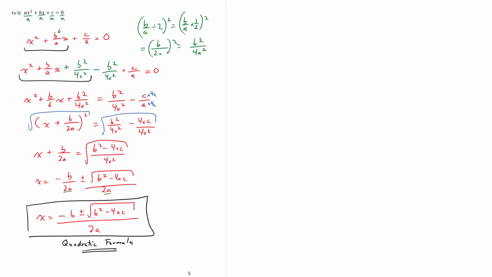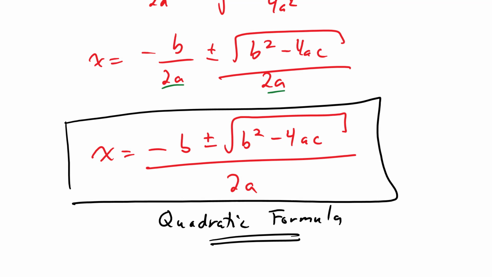I took a generalized quadratic equation, and by completing the square, I derived the quadratic formula from that. I will not be asking you to derive the quadratic formula, but I think it's important that students see where these things come from. They don't just magically appear.